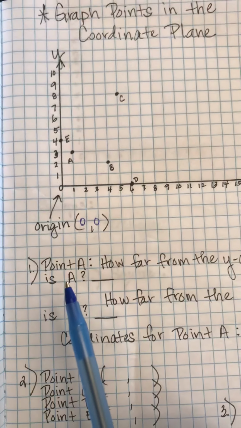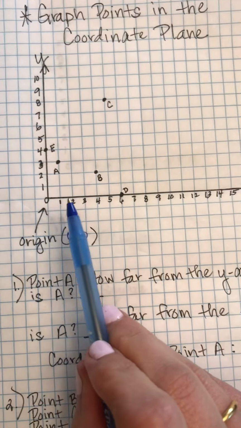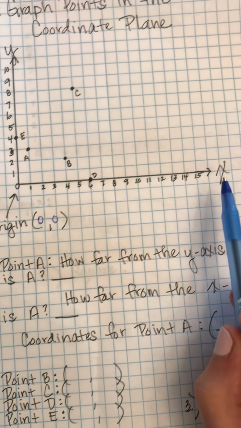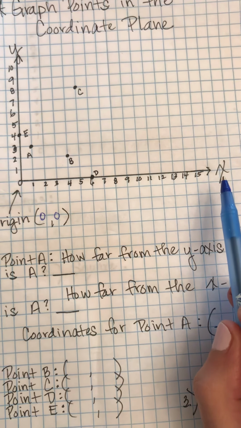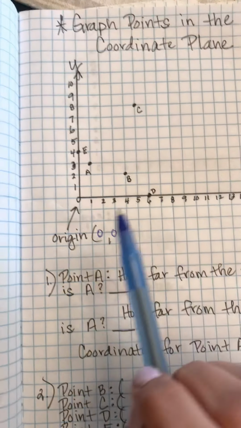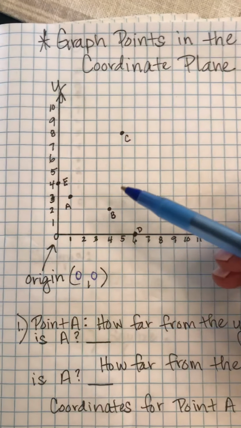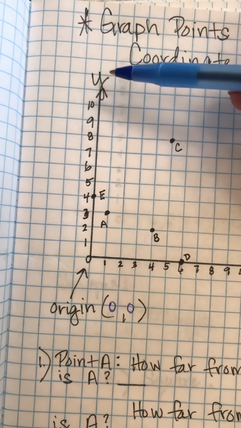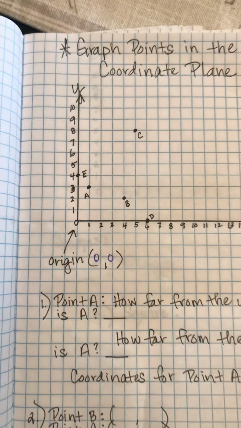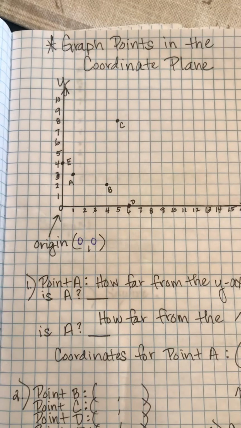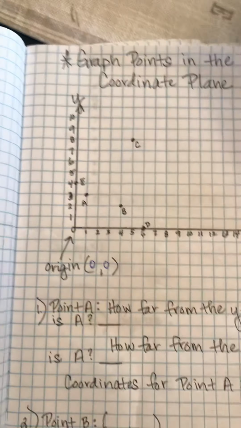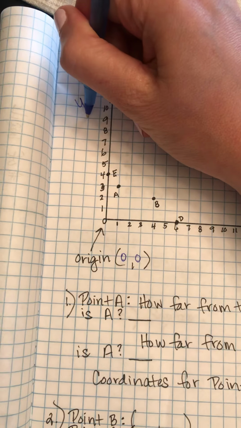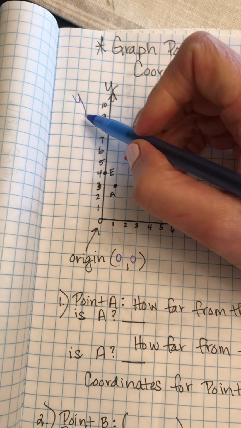So on your coordinate plane, the line that goes horizontally is called the x-axis. It's just the line called x. On the coordinate plane, the line that goes vertically is known as the y-axis. Now, if you have trouble remembering which one is x, which one is y, you can always remember that y has a long stem, right?